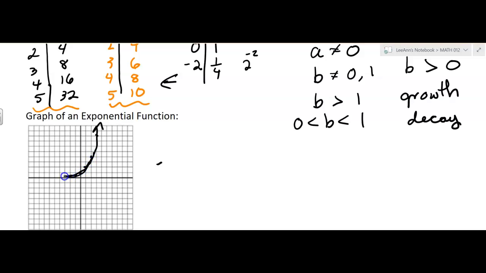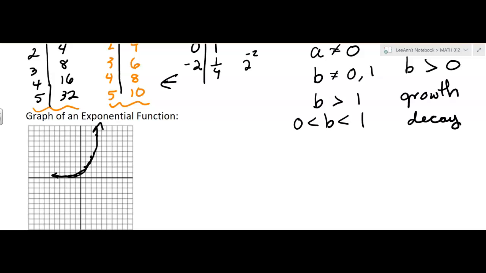Kind of missed the points there. And then it's going to run asymptotic to the x-axis. Okay? So meant to erase that. So that's what an exponential graph looks like. Depends on the base how quickly it's going to go up, or, if the base is less than 1, it'll look different.